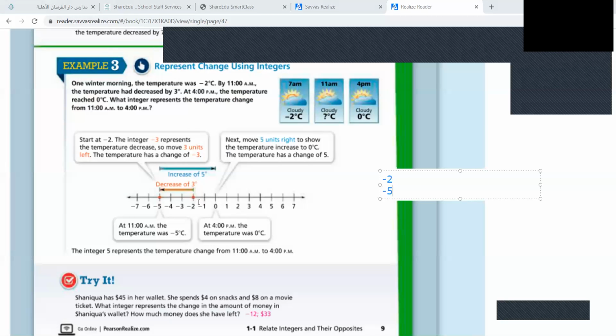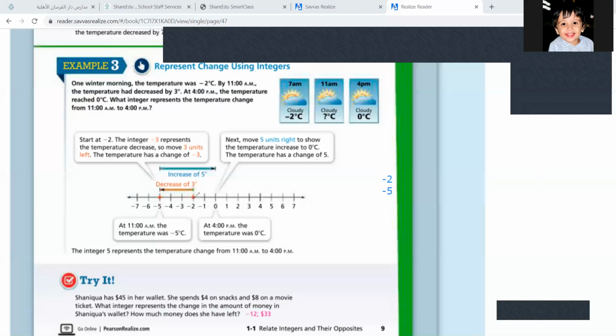So see very carefully, girls. It decreases, I move to left, and what do you get? You get more. What do you get? -5 because it decreased by 3 degrees. 1, 2, and 3.